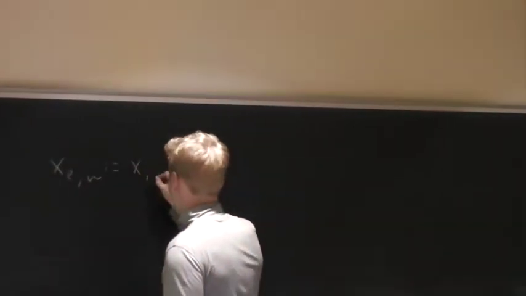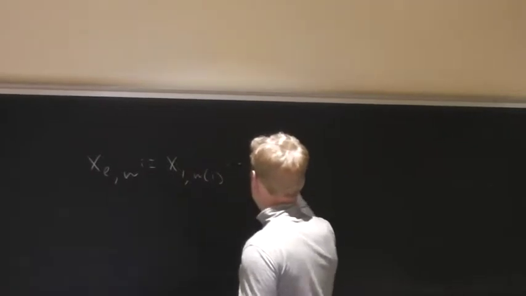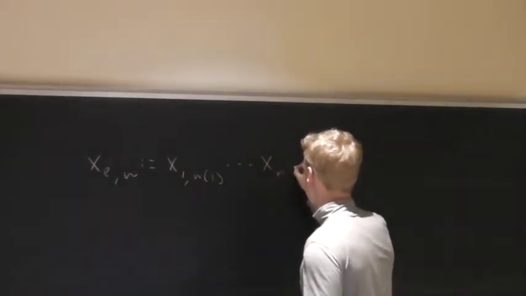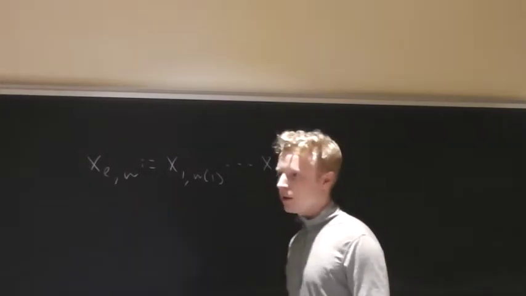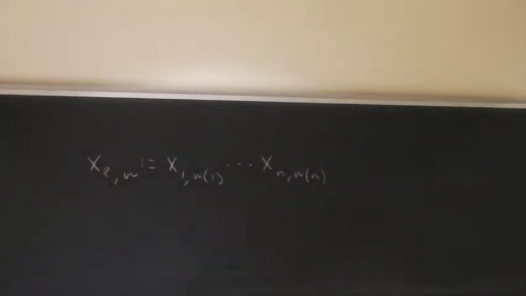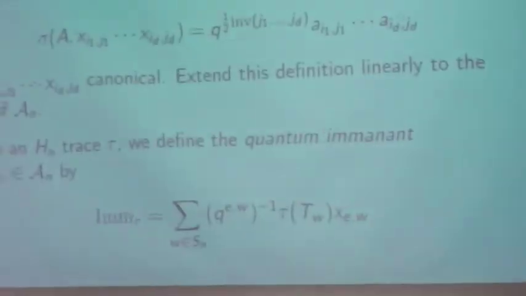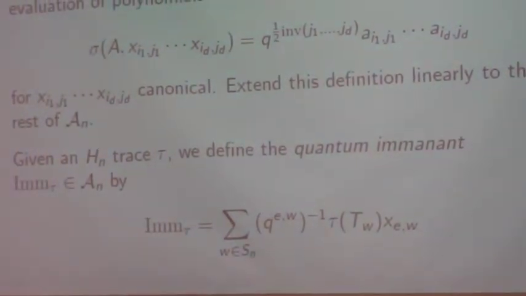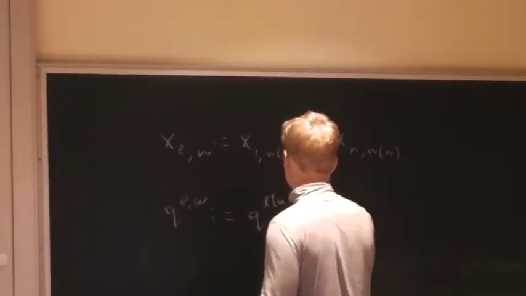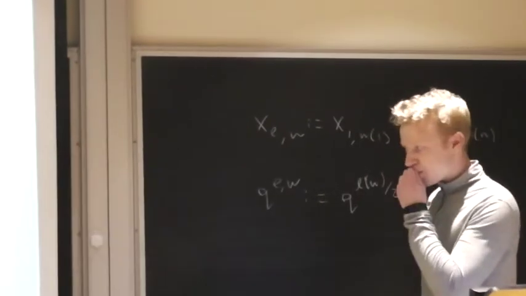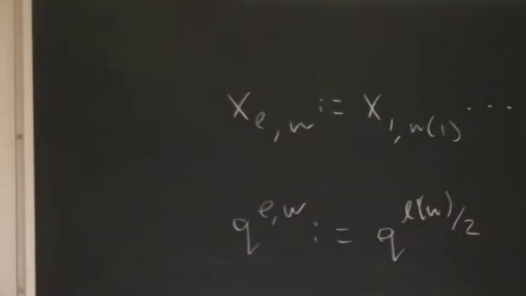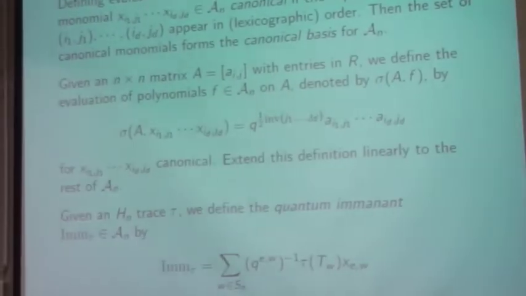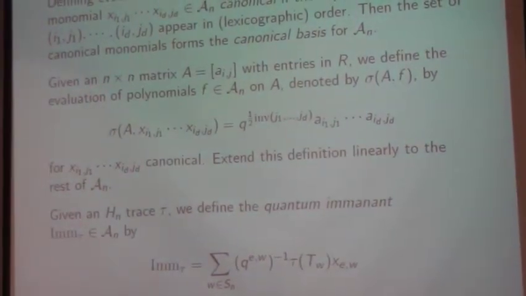So x_{e,w} is defined as the product x_{1,w1} through x_{n,wn}. Then we have this factor Q here, which again I'm going to sweep under the rug, but for completeness, this is just Q to the length of w over 2. So this is almost the same definition, except we're in this different algebra, and we have this factor of Q here. Okay, so that's a quantum matrix immanant.